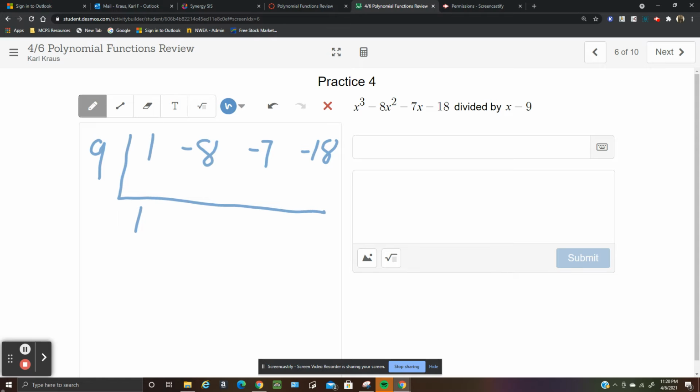So bring down the 1, multiply, add. 9 times 1 is 9. Add those together, get a 2. 9 times 2 is 18. Get a remainder 0. So this answer would be x squared plus x plus 2.